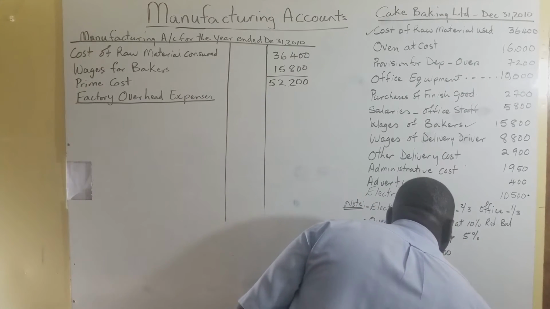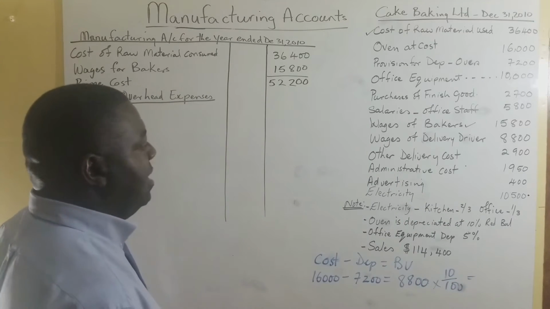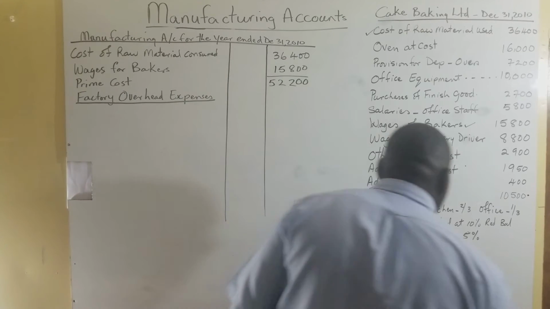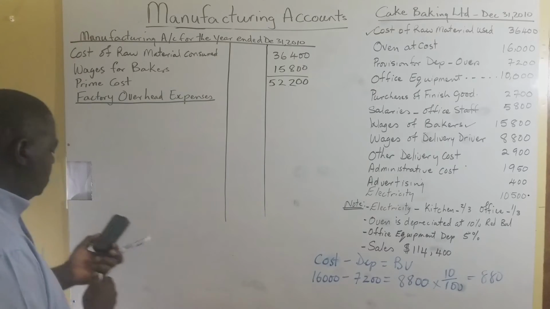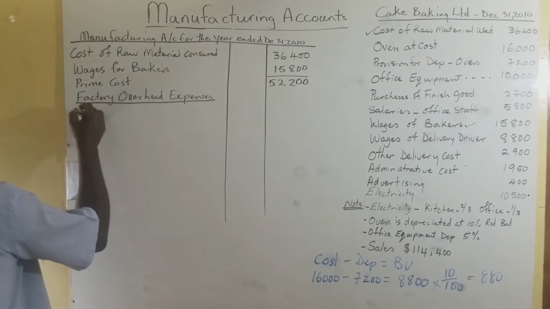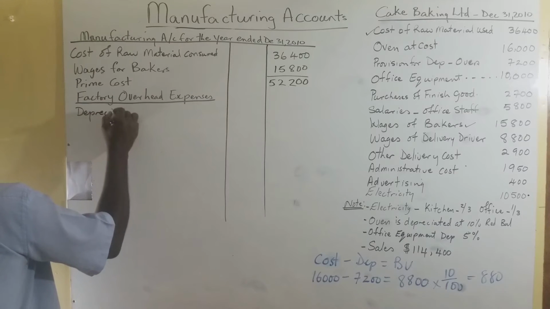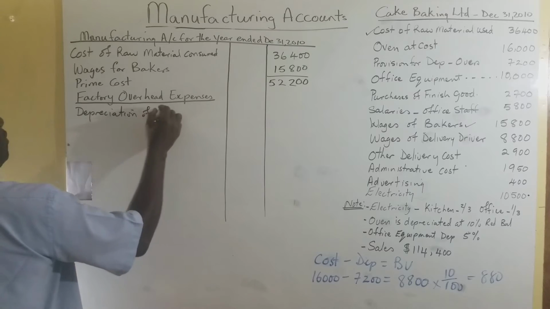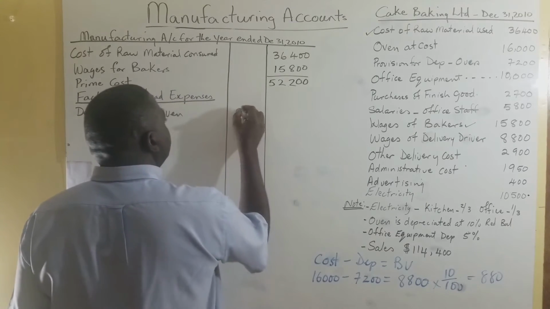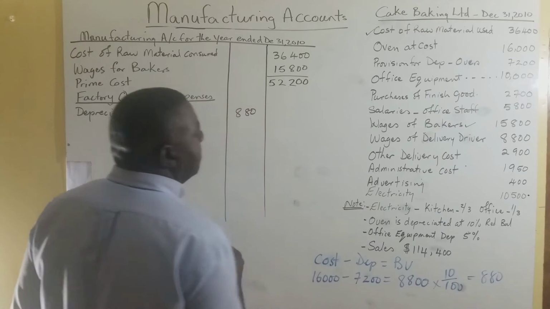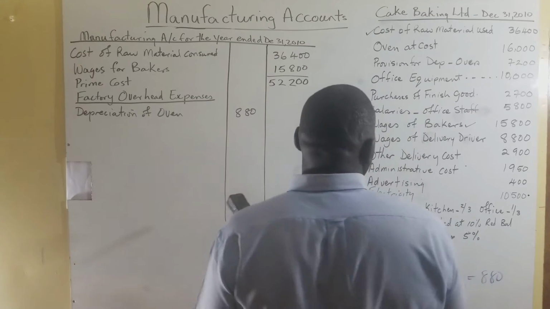So it's 10 over 100. And what would the answer be? 10% of 8,800 should land us with 880. So we can enter that information. Depreciation of oven, yes, is 880.